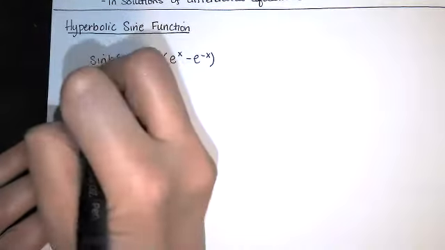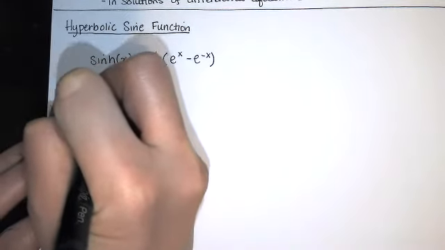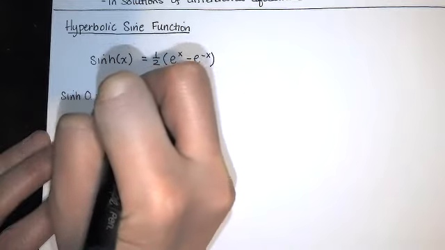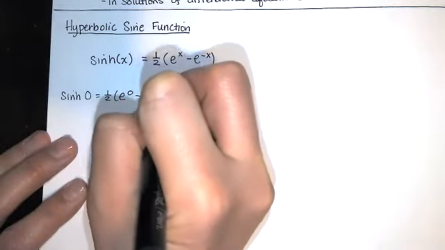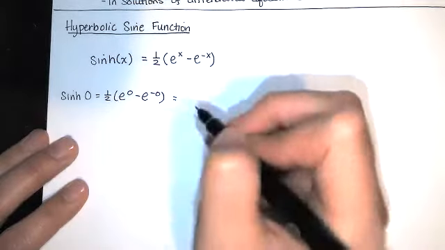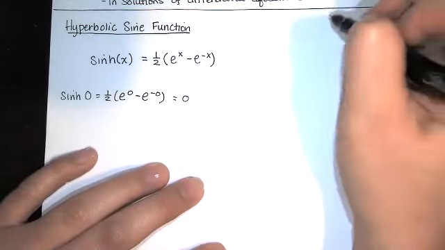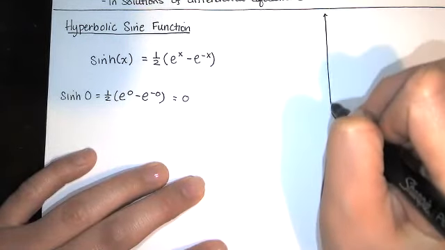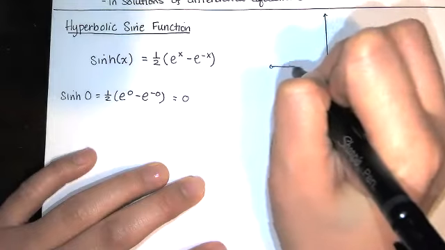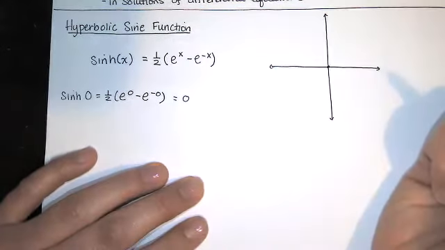One thing I'd like you to notice is that if you evaluate this at 0, you have 1/2 times e to the 0 minus e to the opposite of 0. So that's 1 minus 1. So you have 1/2 of 1 minus 1, which is 0. So the hyperbolic sine of 0 is 0, just like the sine of 0 is 0, so that's easy to remember.